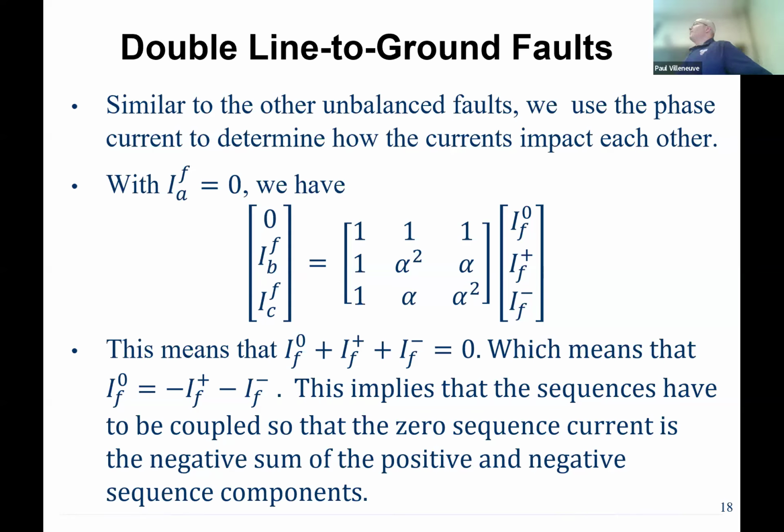Is there any way you can couple the networks? The negative and positive in series in parallel, 0. So what B said is put the negative and positive. So we'll just go positive, negative, 0. And what he said is to do this.